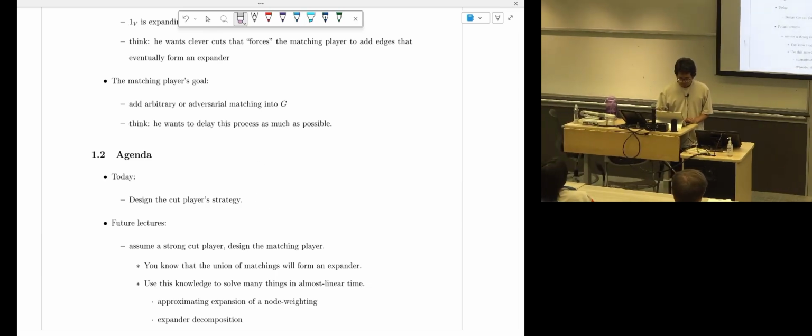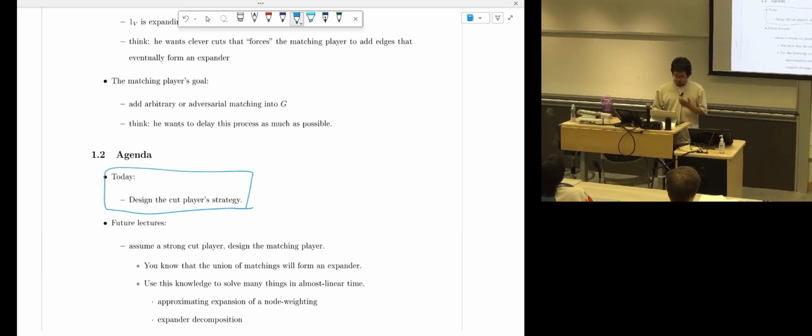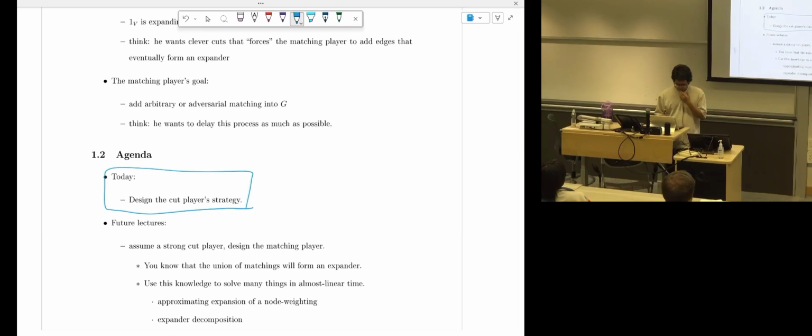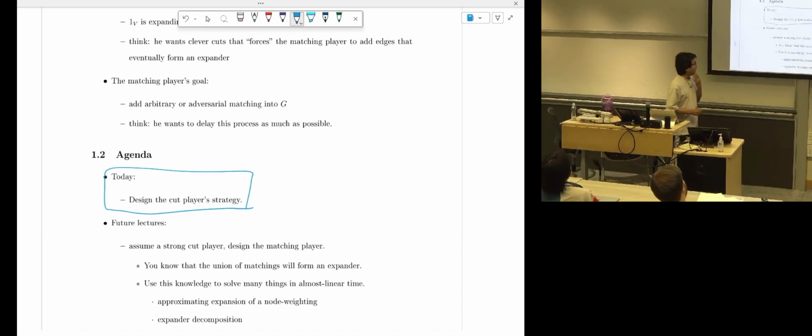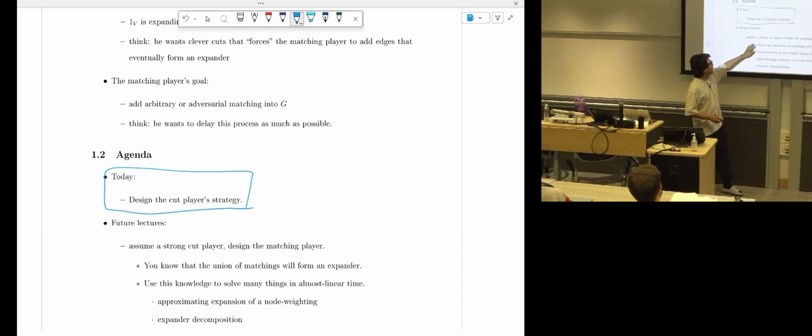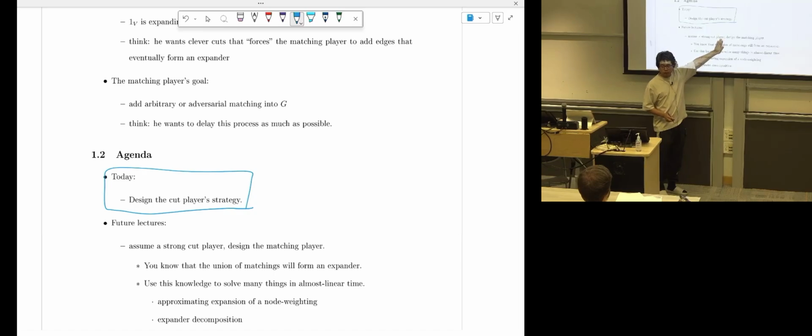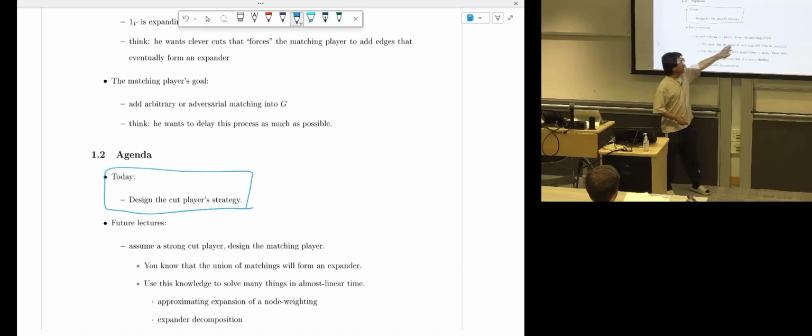And once you get a cut player that is good, then in a later class we will assume this strong cut player that we design today, and then we're gonna design the matching player. And by designing both, once you have a good interaction between the cut player and the matching player, you're gonna get a nice algorithm out of it.